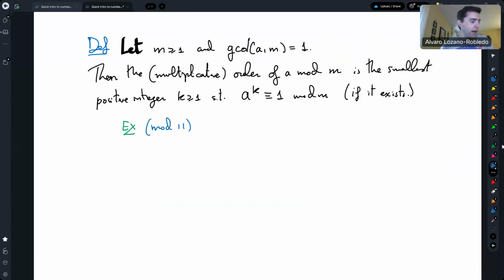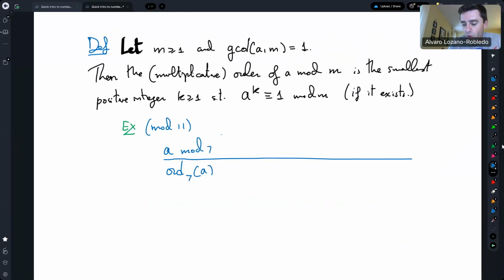I'm going to write a little table of a and its order modulo 11. That's how I write the function order: ord of a, or order of a modulo 11.